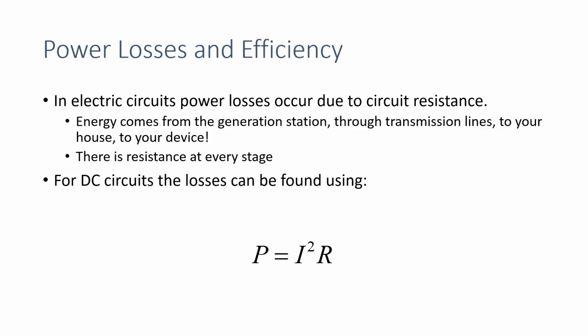So to get to your house from the generator in Point Lisas or Pinal or Tobago, the power has to go through a whole network of conductors, and through all of these conductors you have current and you have resistance, and the power that is lost there can be calculated using I squared R. So this is the loss power. So what we want to do is try to minimize this power.